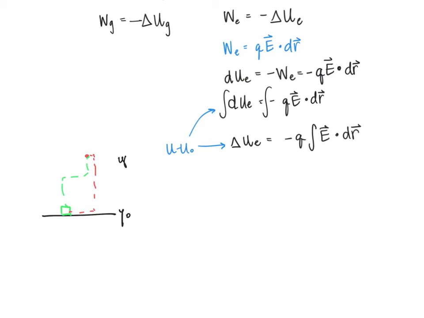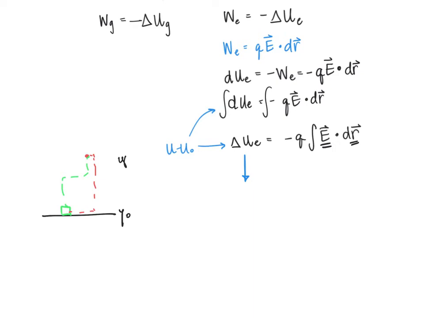That's the definition of a conservative force. So the electric field is only doing work when it is parallel to that dr. We describe this as the change in the internal energy of the two-charge system.